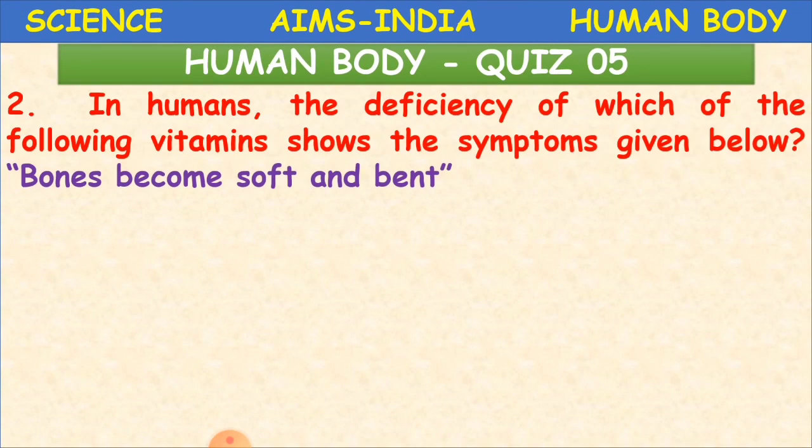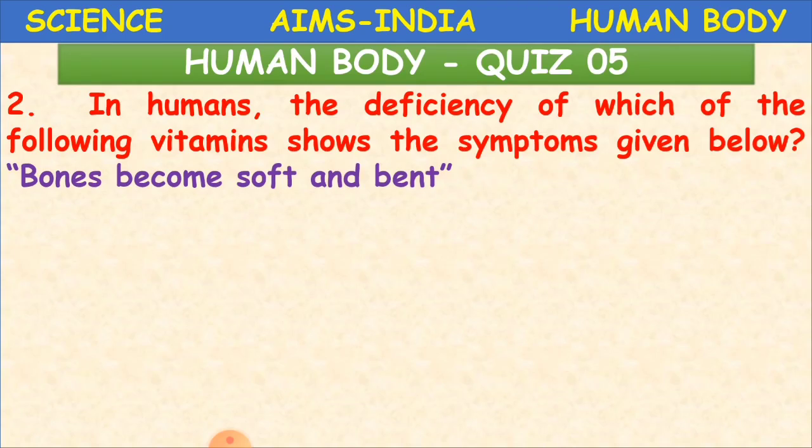Now the second question. In humans, the deficiency of which of the following vitamins shows the symptoms given below? Bones become soft and bent. So suppose which vitamin is not present in our body, then what will happen to our bones?